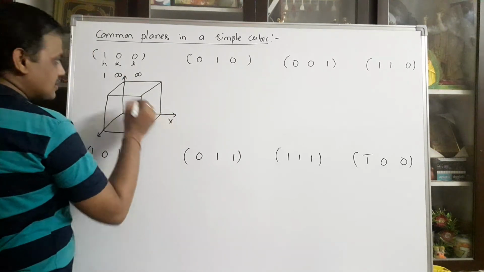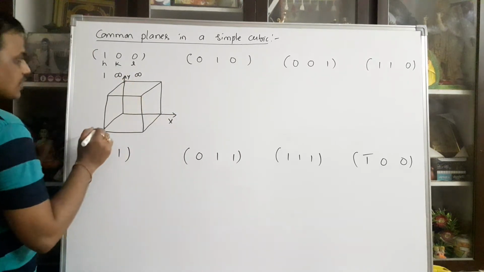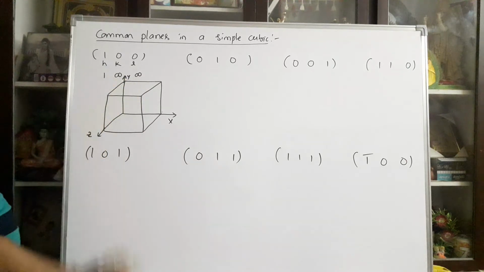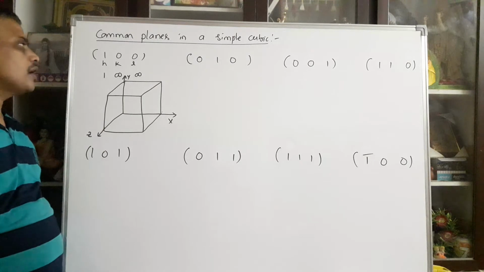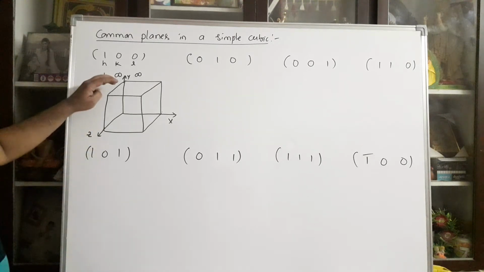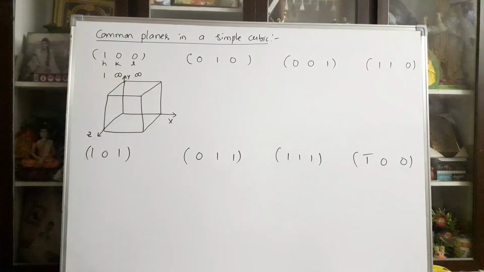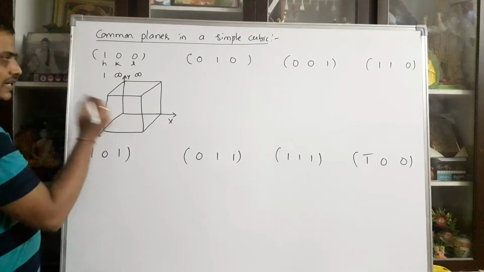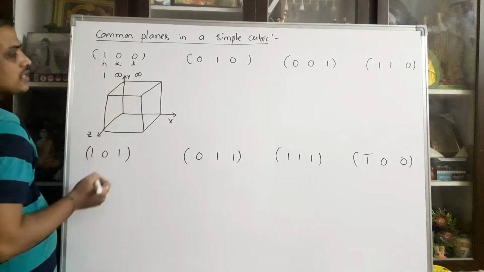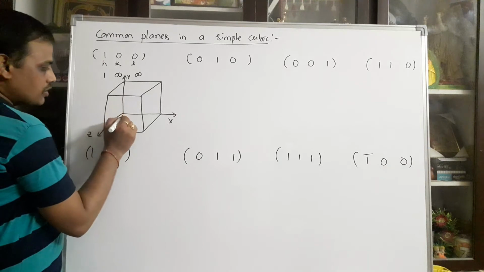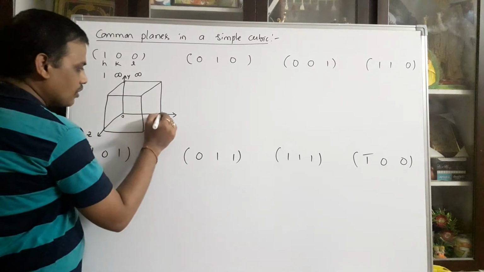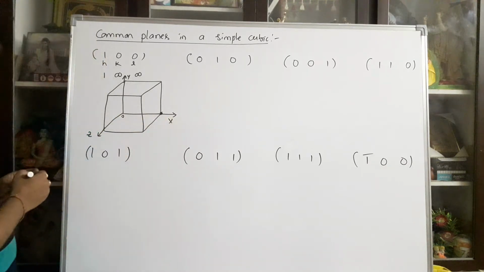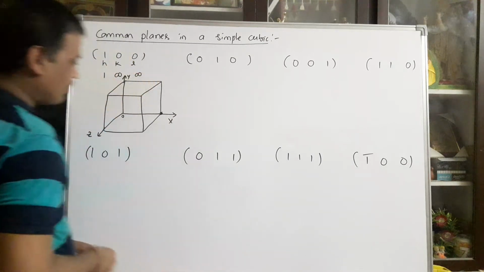I am taking this as the x axis, y axis, z axis. Infinity means those are parallel. The plane being drawn must be parallel to both the y and z axes, so it does not intersect the y axis and z axis. From the origin 1 unit, nothing but this one. So you can draw the plane, and that plane does not intersect the y and z axes.